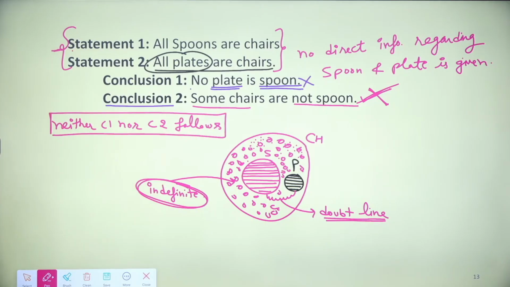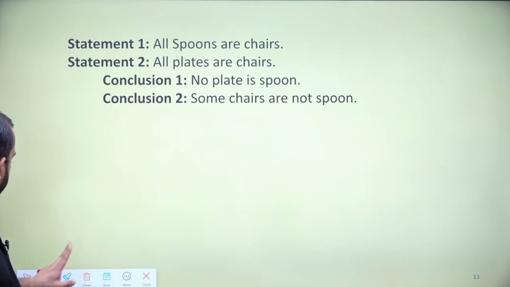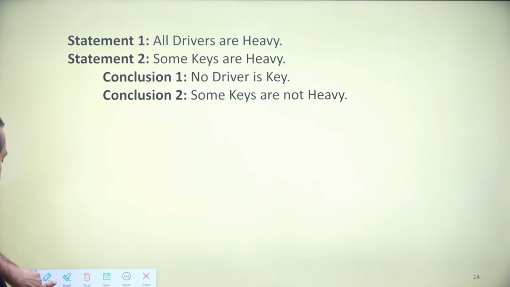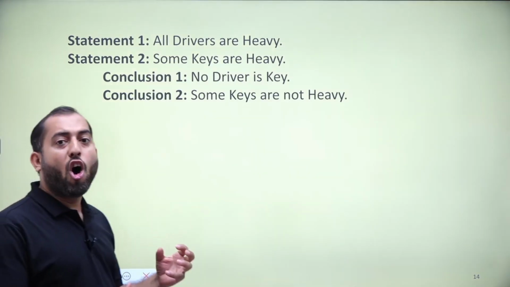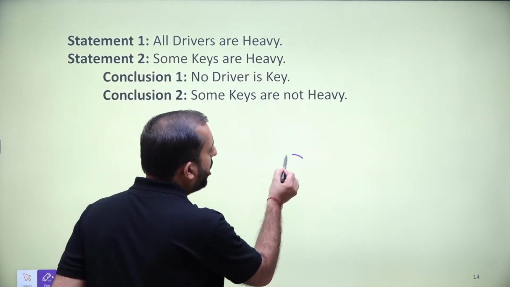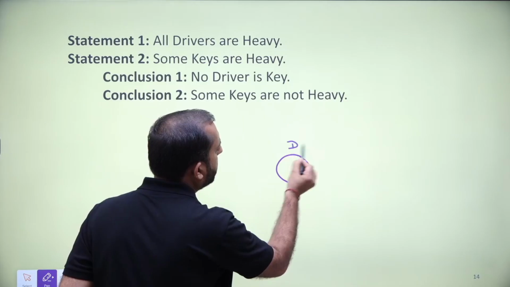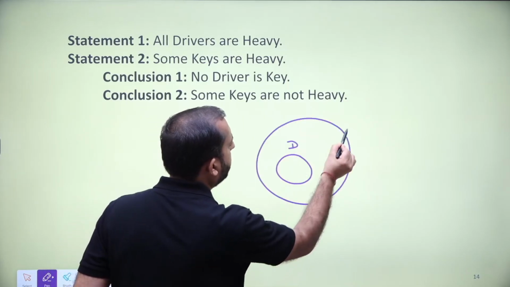Kindly note down. Okay, let's move on. Now this is the next problem. Let's try to understand this. It says all drivers are heavy. Now all drivers are heavy, so driver is inside the heavy.